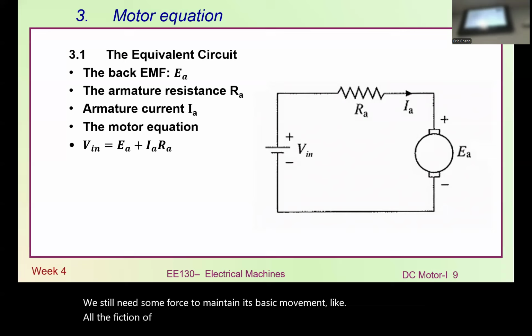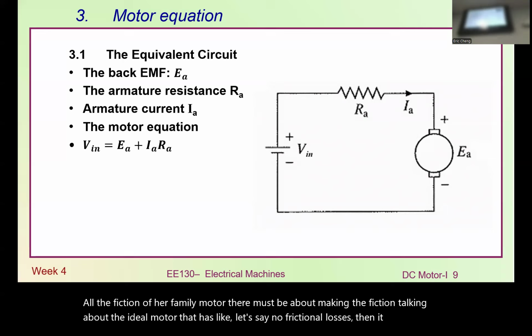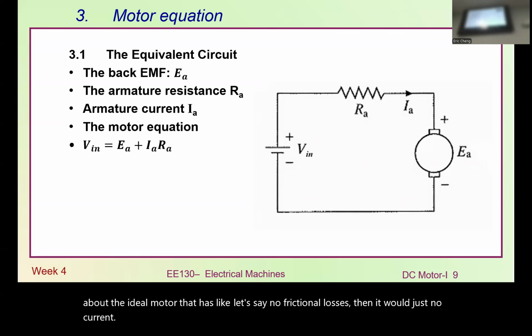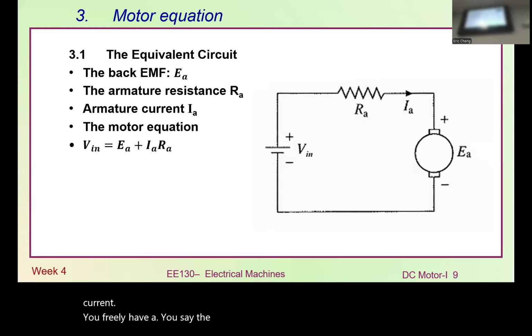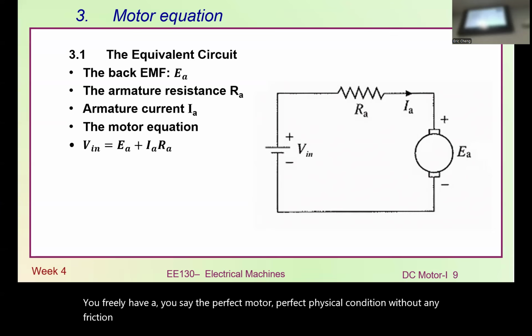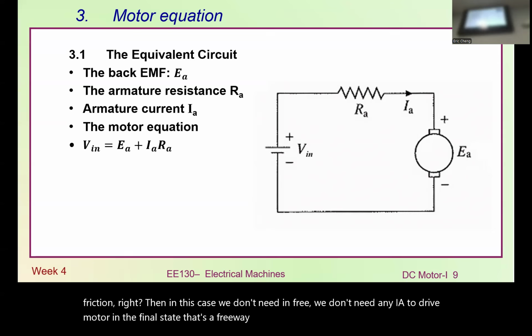Any motor must have it. But if we're talking about an ideal motor with, let's say, no frictional losses, then it would be no current. In theory, a perfect motor in perfect physical conditions without any friction, in this case we don't need any IA to drive the motor in the final state. That's the theory, but there's no such thing.